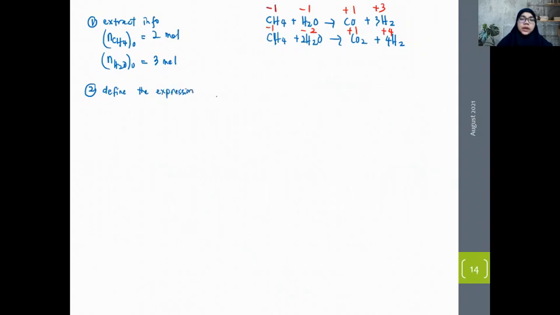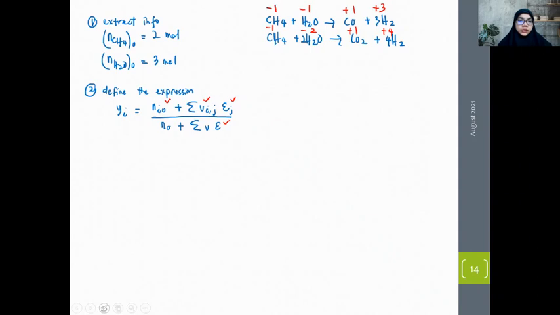Which expression can we use? So n_i equals n_i0 plus the summation over j of the stoichiometric number times the reaction coordinate. What is the unknown variable here? The stoichiometric numbers are already given, so we need to define n0 and the total.